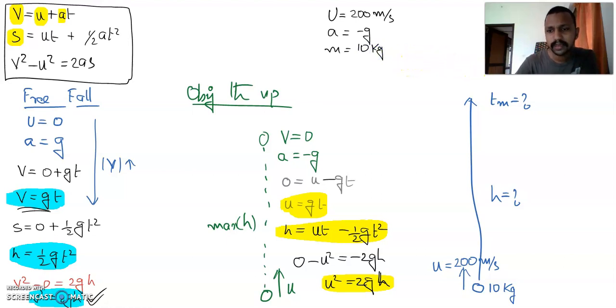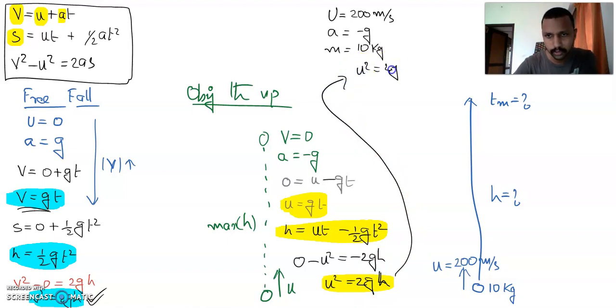Then we could use u and a in this equation, that is, u square is equal to 2gh. Then h can be obtained by u square by 2g. If you substitute u square, it is 200 square divided by 2 into g, which can be approximated as 10.